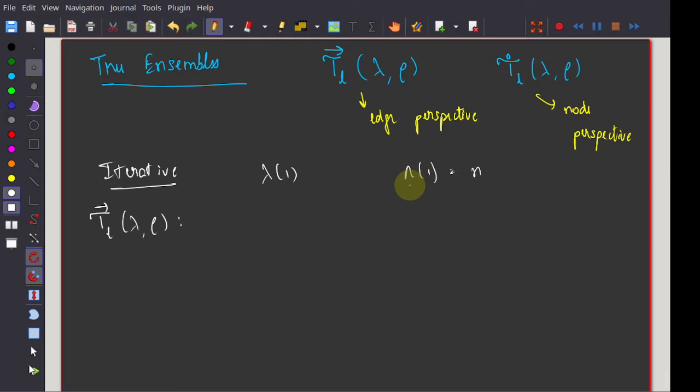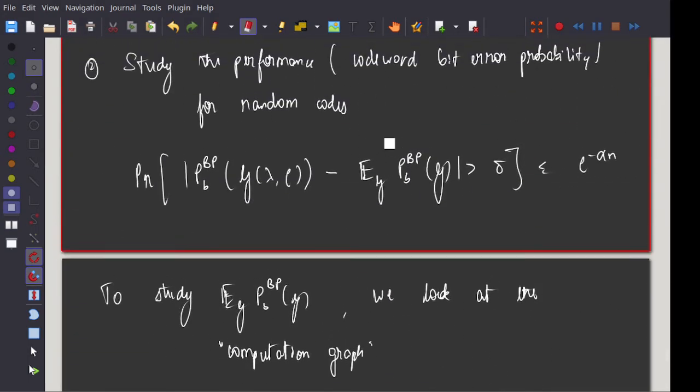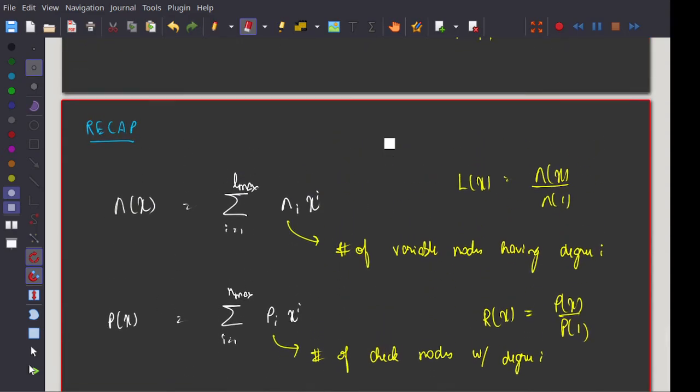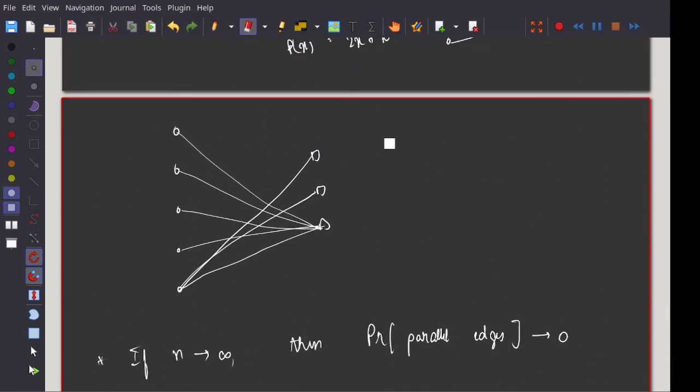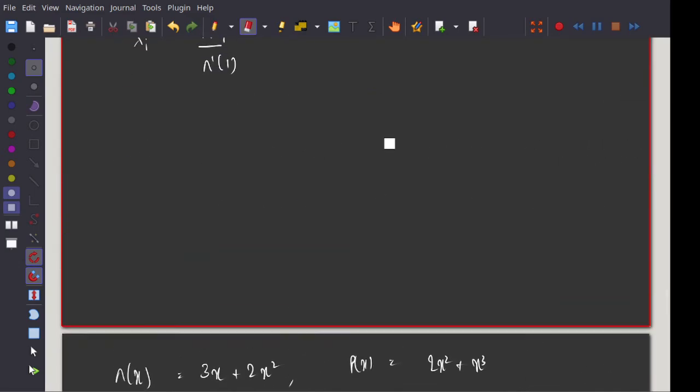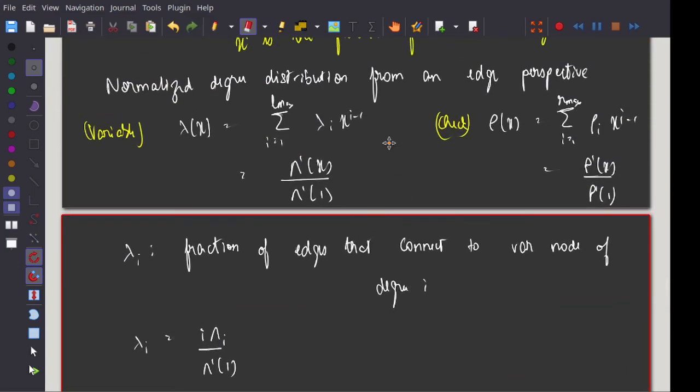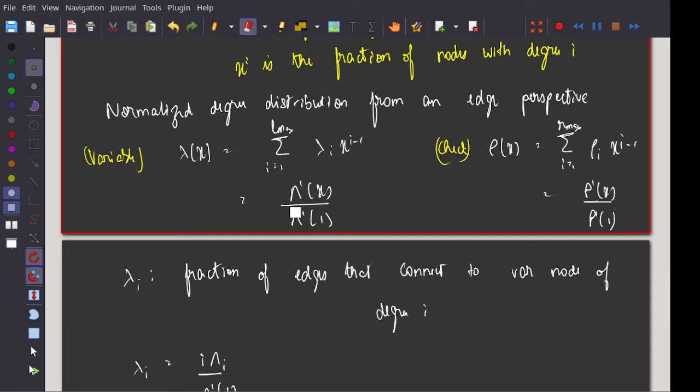Go back to the definition of lambda of x. What would be the sum of the coefficients? It would be just lambda evaluated at x equal to 1.